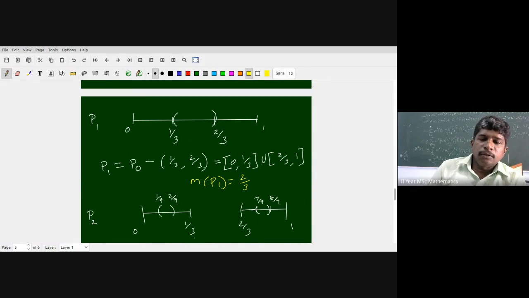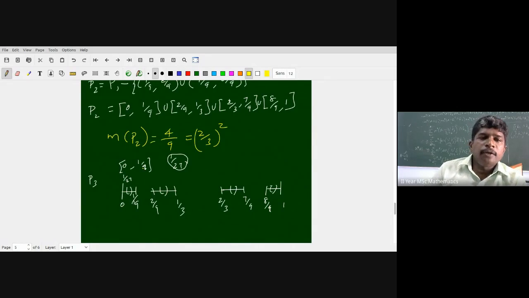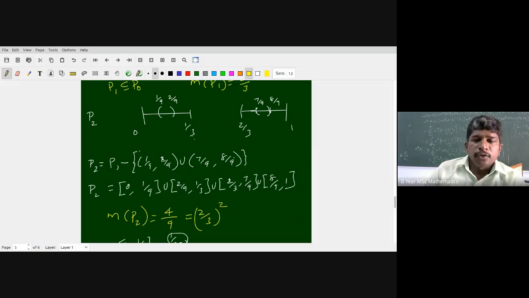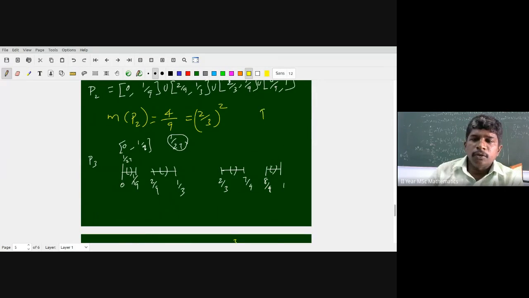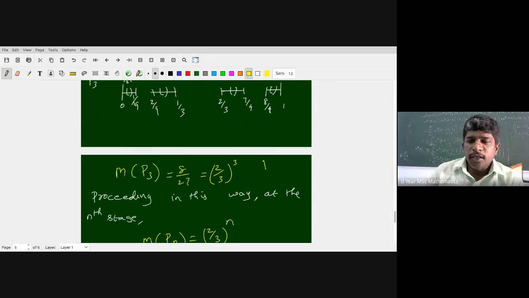Not only that, we have P1 contained in P0. Here P2 is obtained from P1, something is removed. So the set P2 is contained in P1, and so on. Here also P3 is contained in P2.